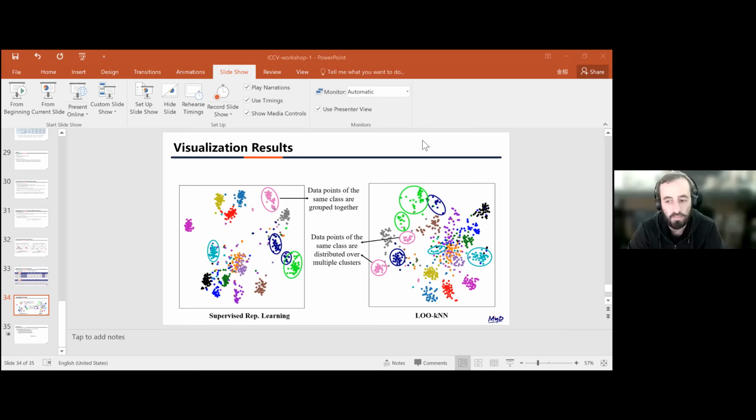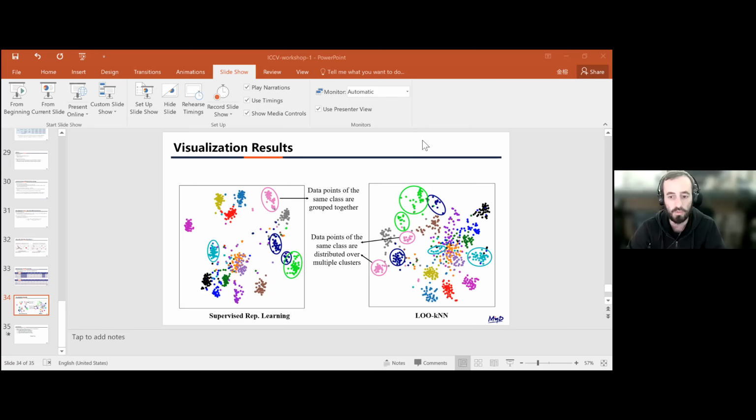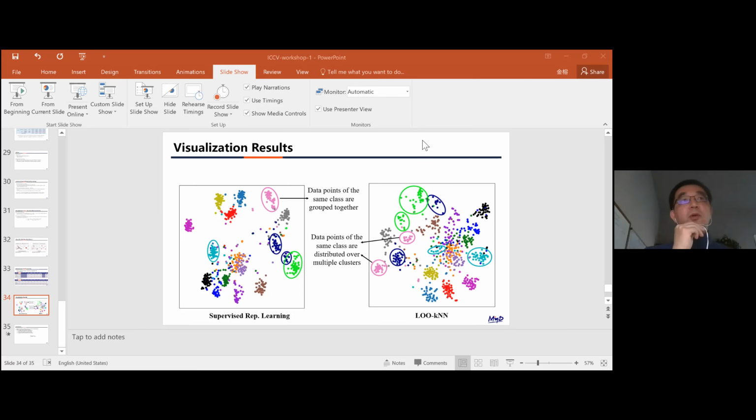Batches, like training in a mini-batch mode, and how you sample the batches, because I expect that for this to work, you would need to have neighbors with the same label in the batch. Yeah, exactly. What I did not write here is the detail of implementation. As you probably can imagine, you cannot do the full-scale nearest neighbors for a large data set like ImageNet.